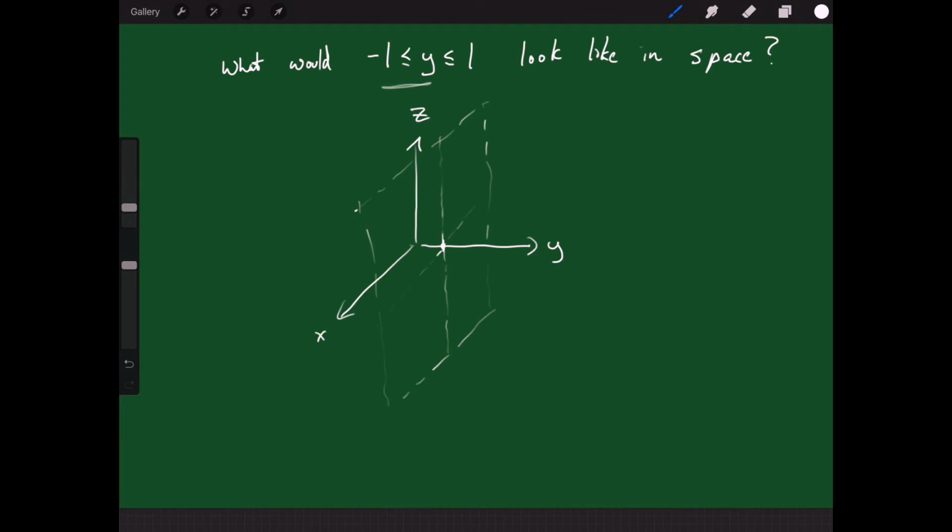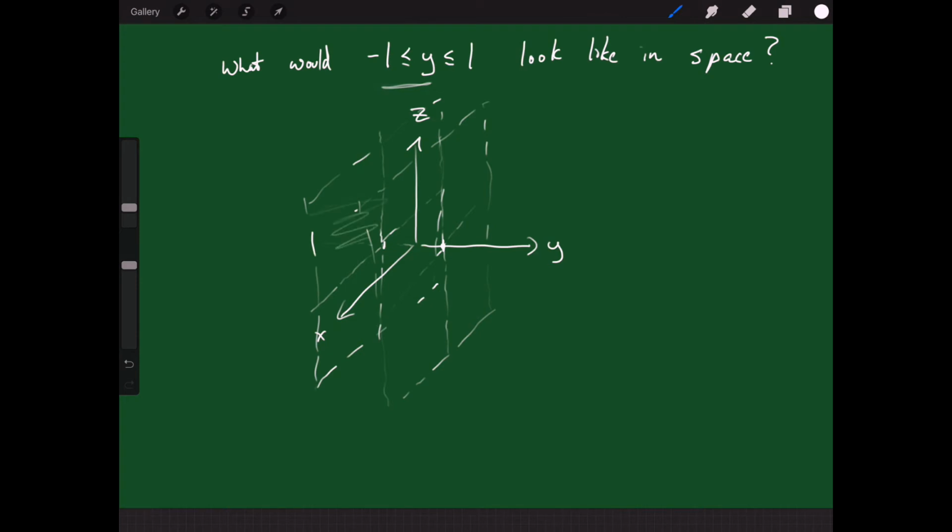So if the y-axis comes out here, I go back 1, and then I'll do the same thing, draw some parallel lines to the x and the z-axis. And then here's another plane. And then I want everything in between that. So y is in between those two planes.